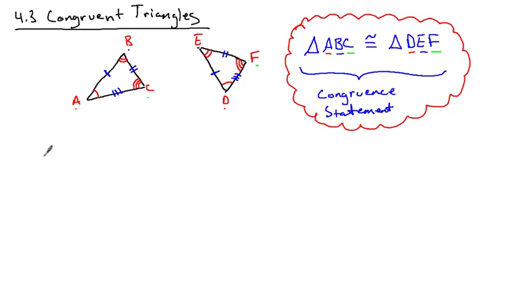So if you were listing everything out, you would say that angle A is congruent to angle D, and this is what you'll do in some of your assignments.